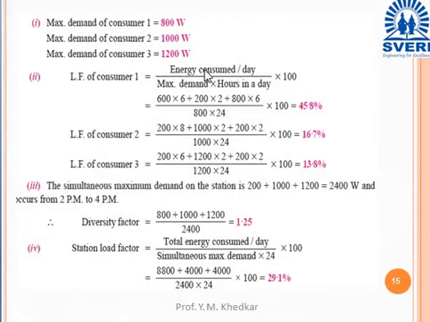Here energy consumed per day divided by hours in a day will give you the average load, and when you divide that average load by the maximum demand, you will get the load factor.